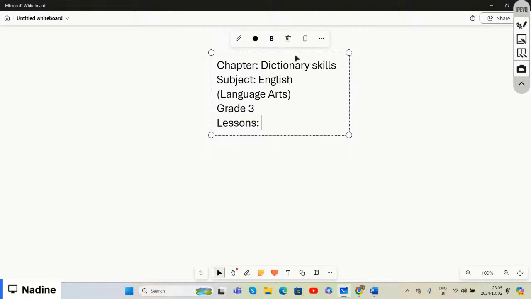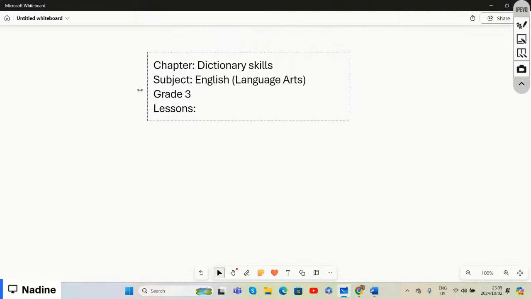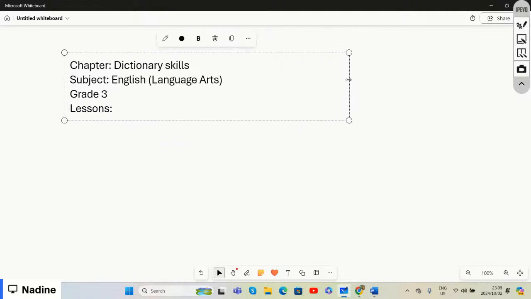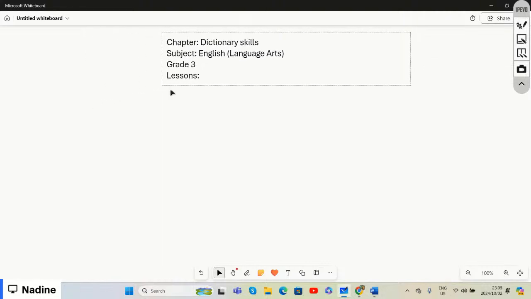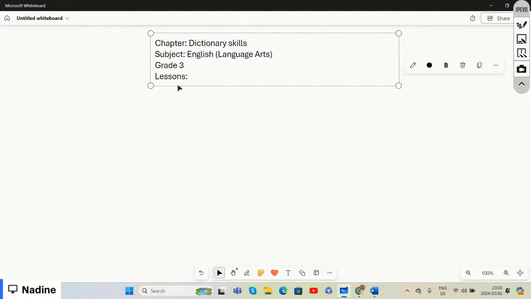And yesterday we started with our lesson on formatting our dictionary skills, or how we are able to identify the words, the meanings, the pronunciations, and so on.